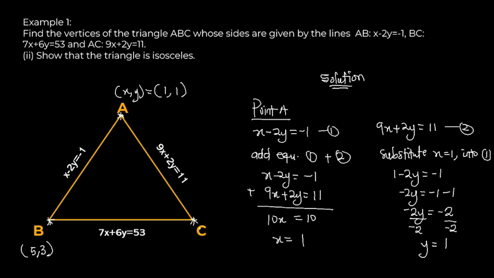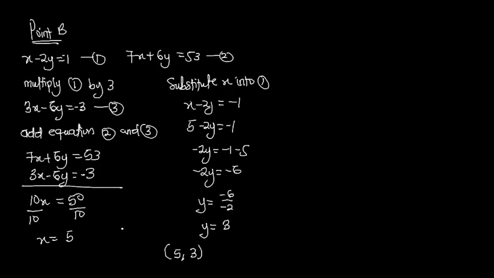Now let's go ahead and find the coordinate for the vertex C. So to find the coordinate for vertex C, we need to solve the equations 9x plus 2y is equal to 11 and 7x plus 6y is equal to 53. So let's go ahead and do that and find the coordinates over there.